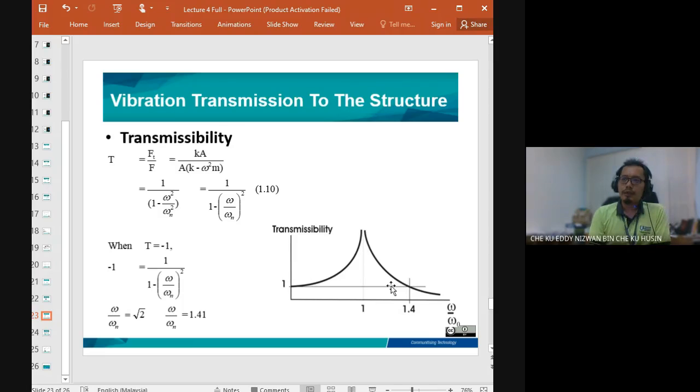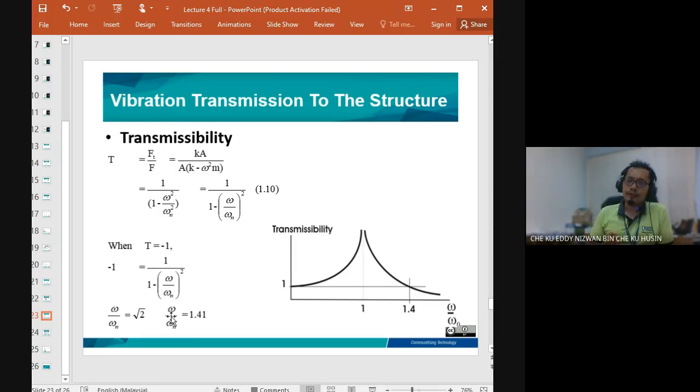It means you can change the operating speed. This is a very favorite question in the exam.